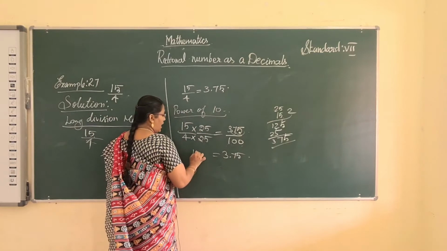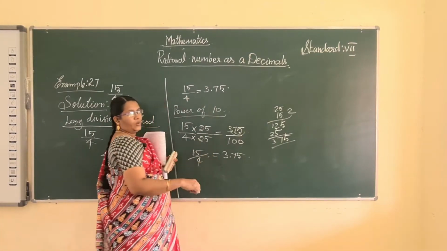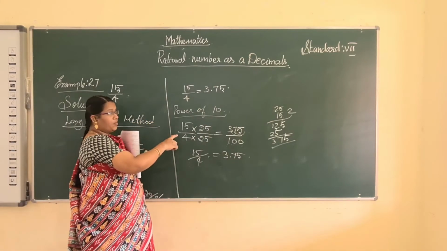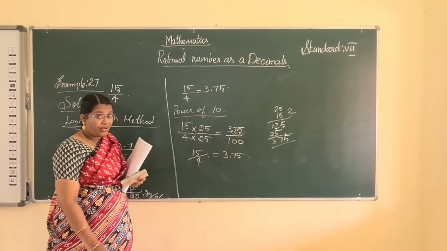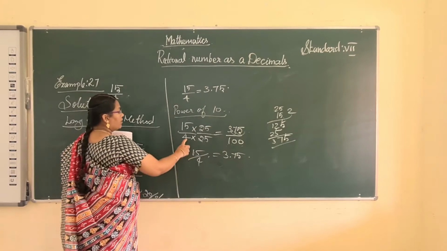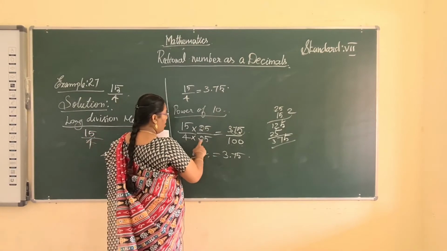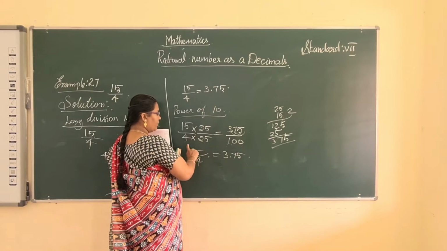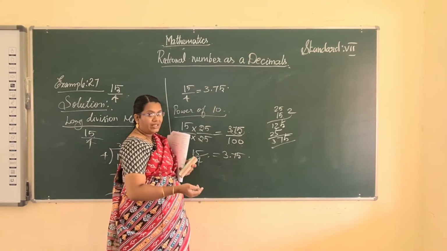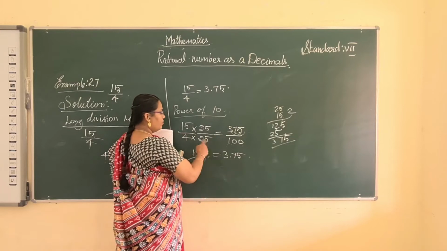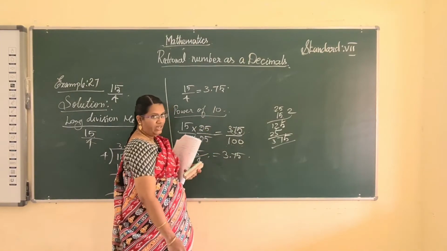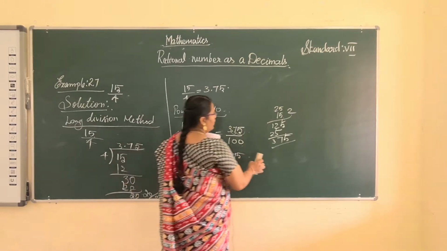This is the other method. So the first is the long division method and the second is the equivalent rational number with a power of 10. Here we multiplied 4 by 25 to get the power of ten, and multiplied the numerator by the same value, and we get 3.75.